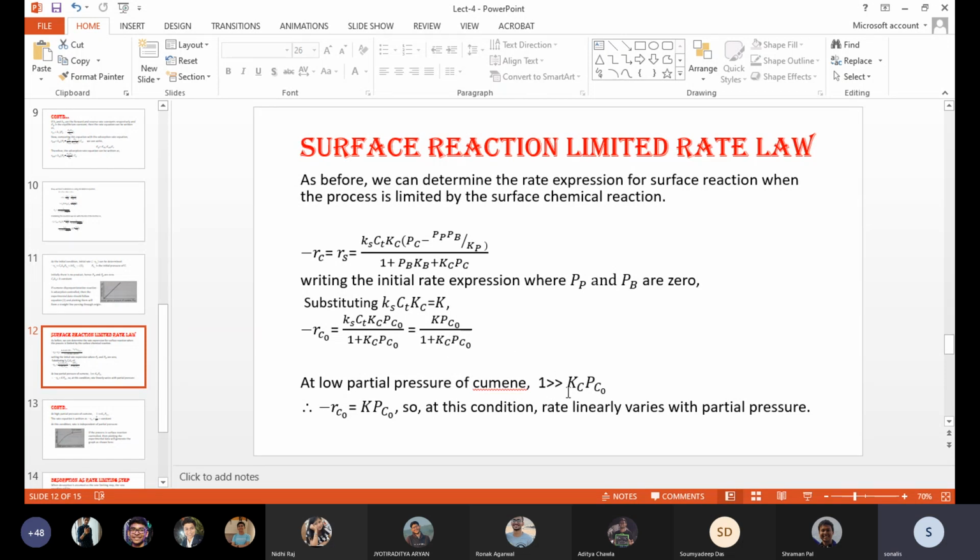Then we can neglect this Kc Pc0 in the denominator and write minus RC0 equal to K into Pc0. So at that condition, rate linearly varies with partial pressure. It will be a straight line passing through the origin at low partial pressure of cumin.